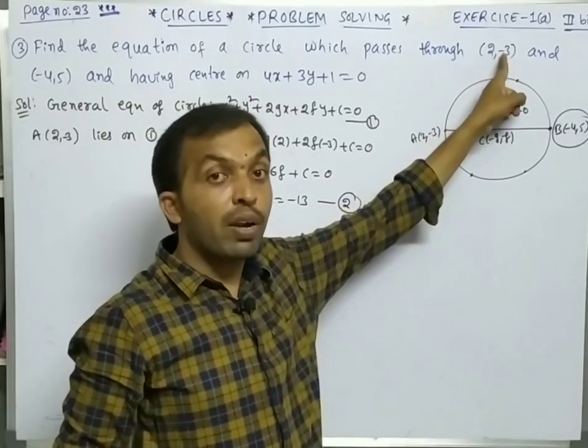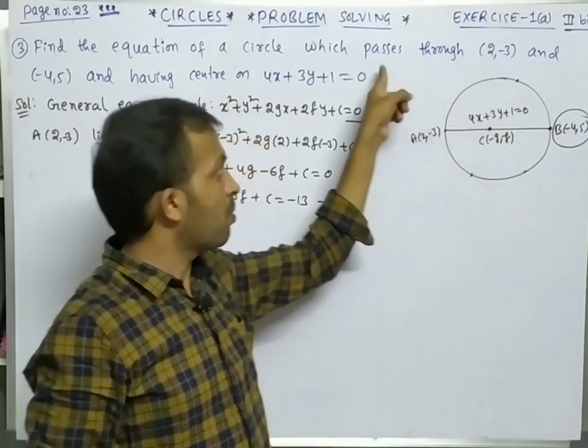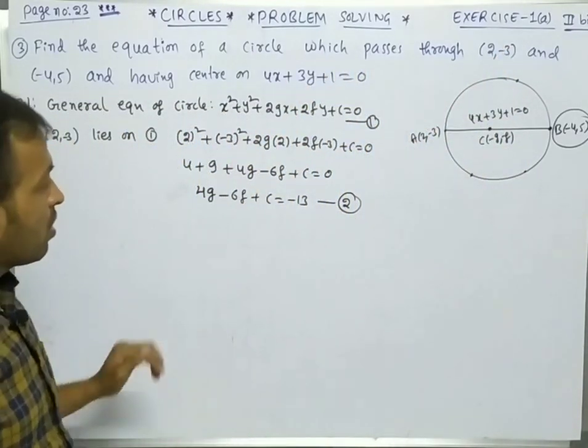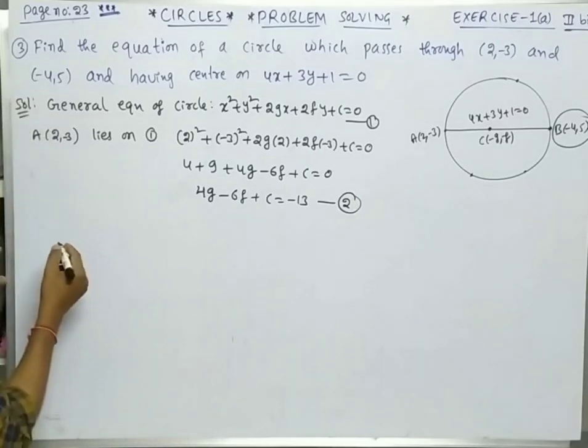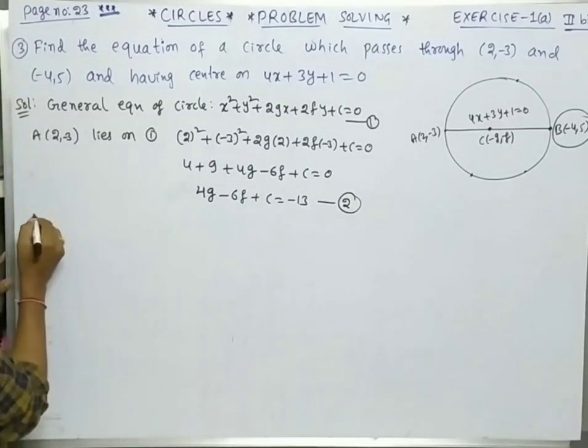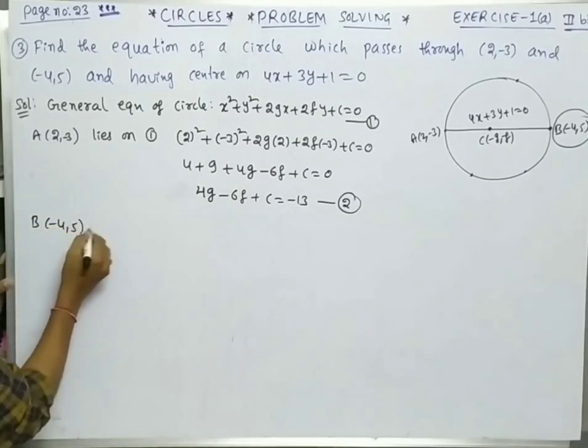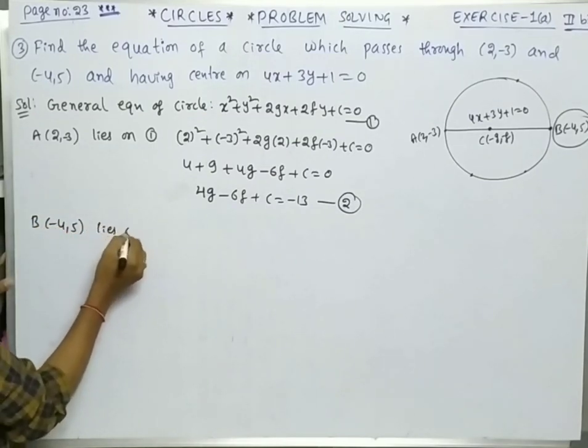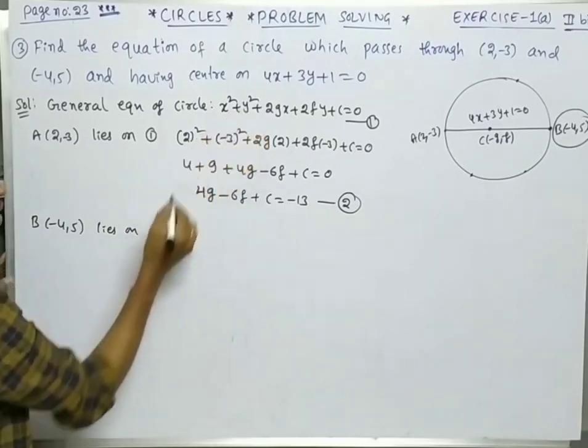So I substituted this point. This point lies on the circle, right? So substituting in the general equation, we get one equation in terms of g, f, c. Next substitute another point, (-4, 5), which lies on this circle equation.